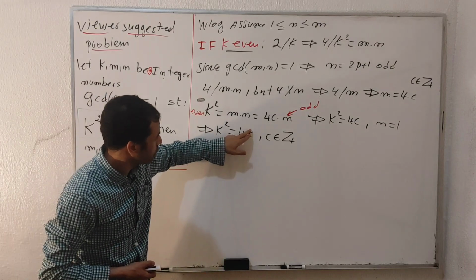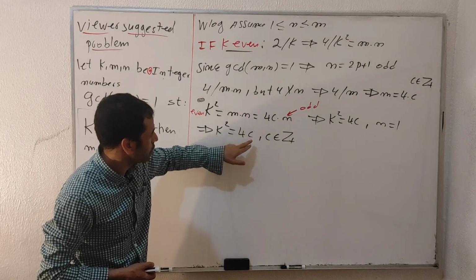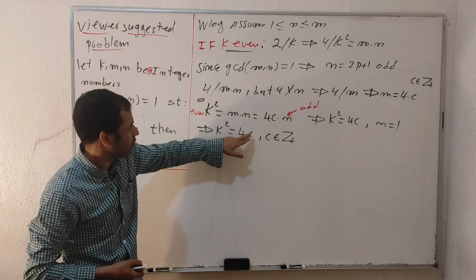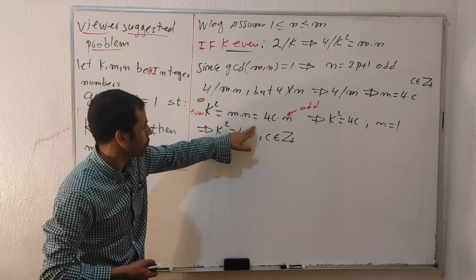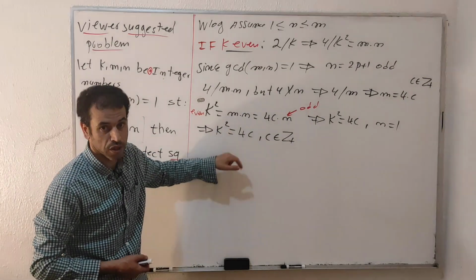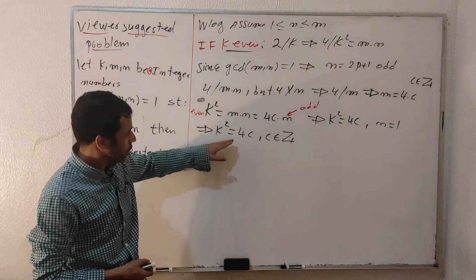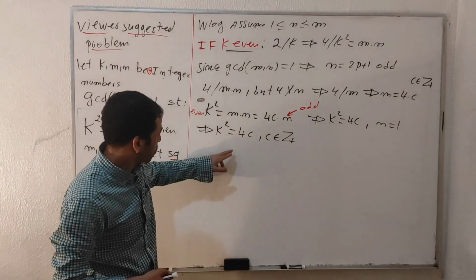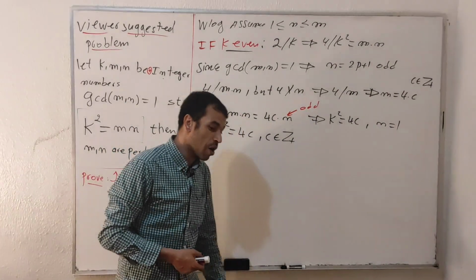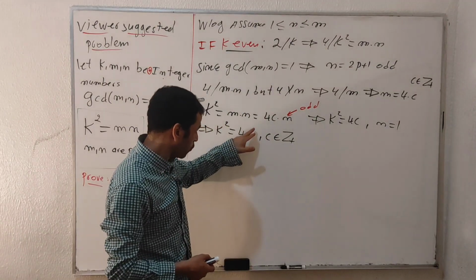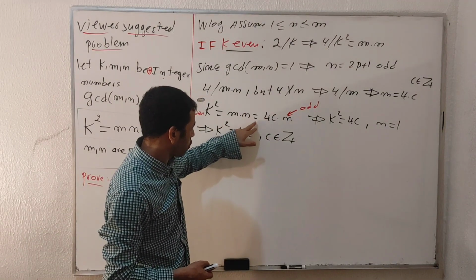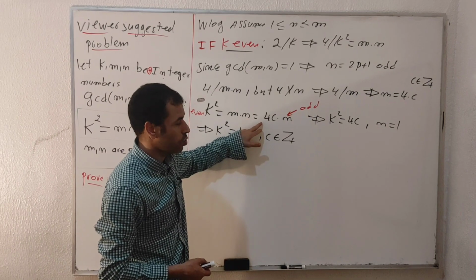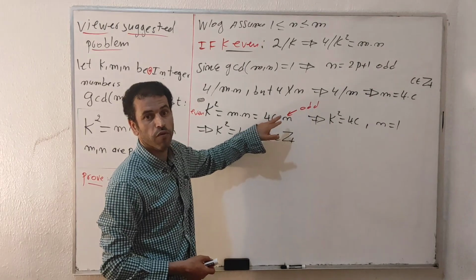If you replace c with 3, you will have 3 multiplied by 4 is 12. 12 is not a perfect square. If you replace c with 4, you will have 4 multiplied by 4 is 16. 16 is a perfect square, which means none of the integers works here except 4, which means c must be a power of 4. It works only if you have c equals 4, 4 squared, which is 16, 4 cubed, which is 64, 4 to the 4th, and so on and so forth.